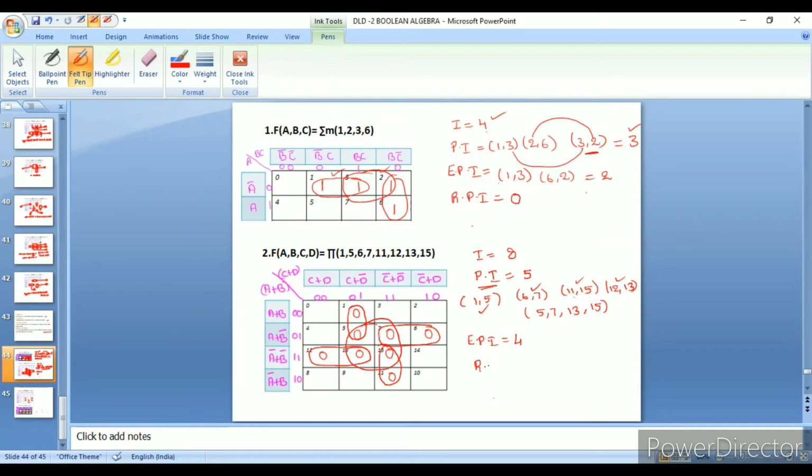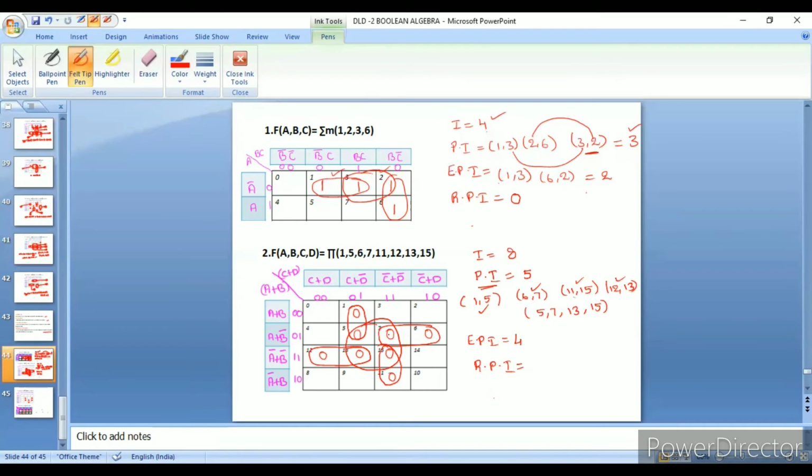Then what about the redundant prime implicant? Redundant prime implicant means, first of all, it is a prime implicant in which each minterm or max term must be covered by an essential prime implicant. Now observe here. We got one conclusion: this 1 and 5 is an essential prime implicant.